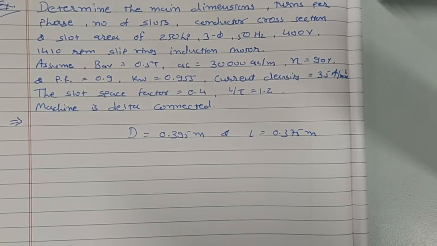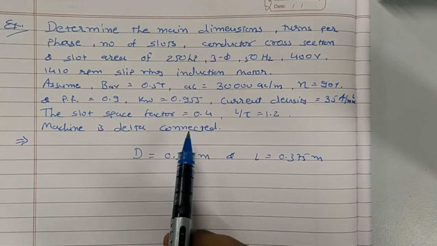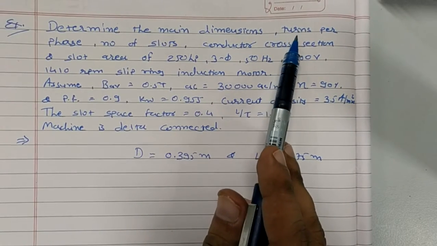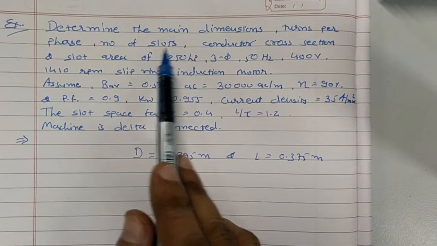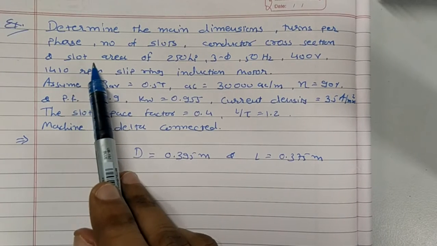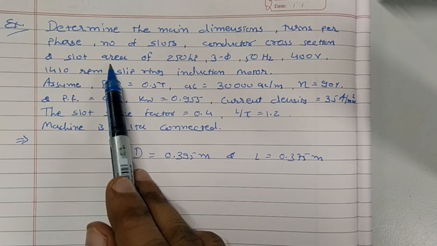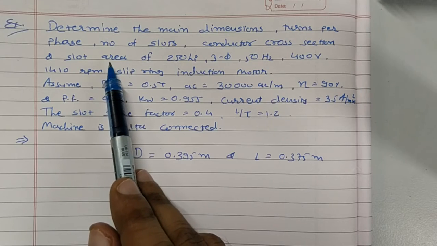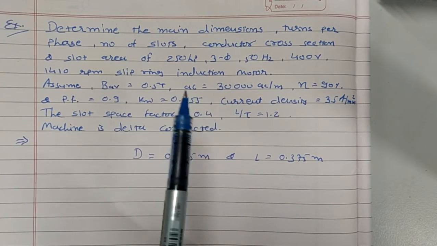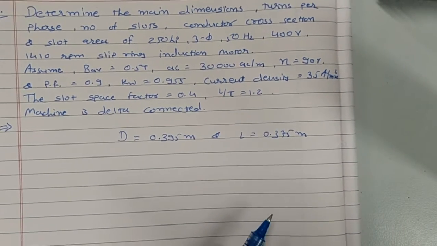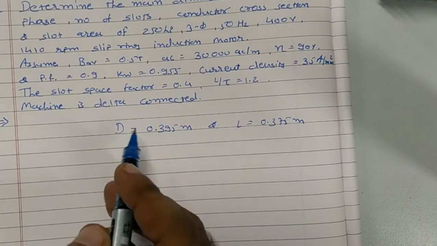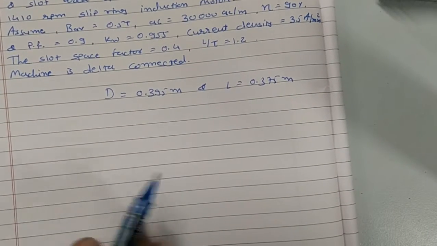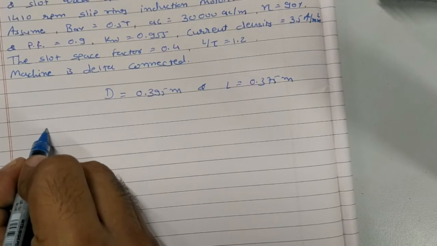After having D and L, there are the rest of the parameters we need to calculate, starting from turns per phase, number of slots, conductor cross section, and slot area. For all these we are going to use the equations that we have just seen.